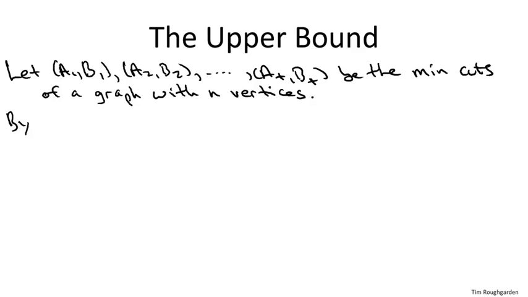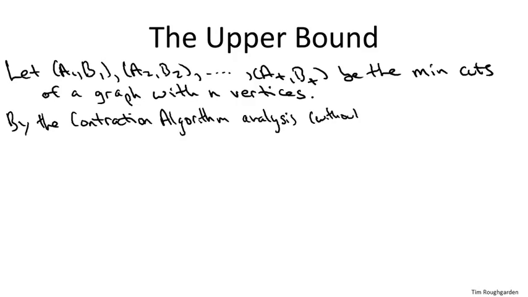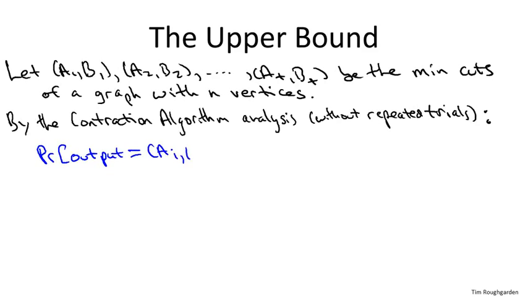And what we proved in the analysis is that the probability that the algorithm outputs the cut (Ai, Bi), not just any old min cut, but in fact this exact cut, is bounded below by, in the end we made a sloppy inequality. We said it's at least 1 over n squared, but if you go back to the analysis, you'll see that it was in fact 2 over n times n-1, also known as 1 over n choose 2.